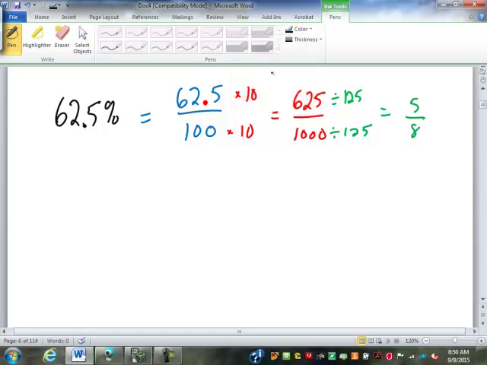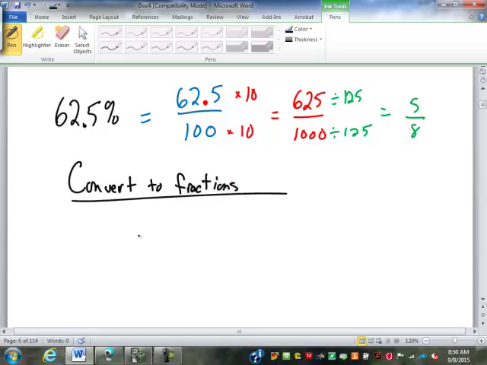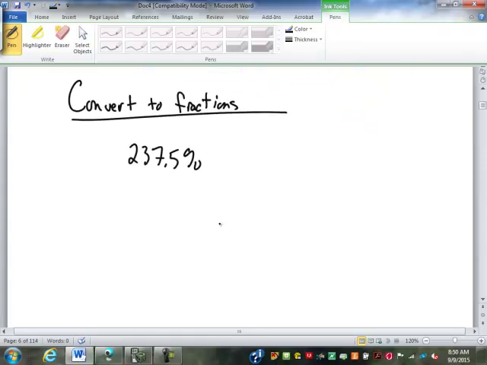So for you to try, convert to fraction 237.5% and 36 2/3%.